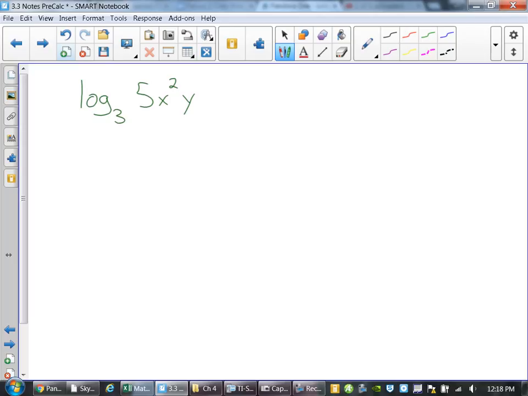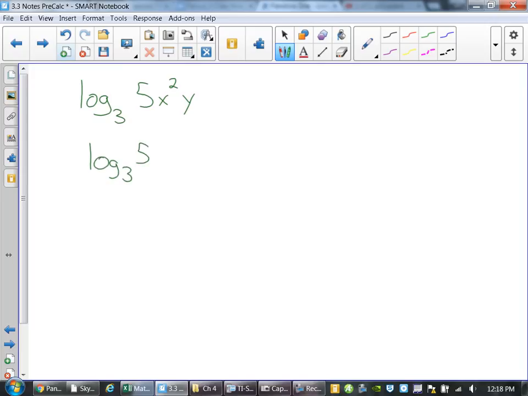So if I'm looking at this, how many parts are there of this logarithm? 3 of them. Everybody see that? There's a 5, an x, and a y. So how many logs should I have? 3. So I'm going to rewrite this out as 3 separate logs. Log base 3 of 5.